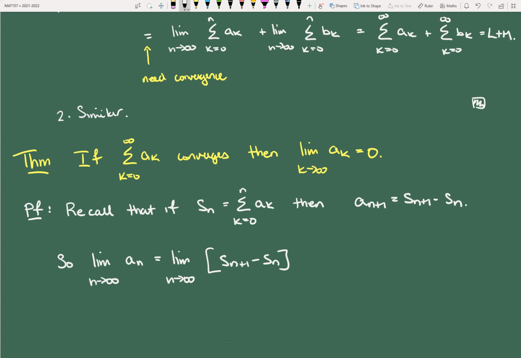So if I think about these as being two separate sequences, they both converge, so I can limit law them. And they both converge to the same thing, right? Because they're effectively the same sequence, just one is shifted a little bit from the other. So I get 0.